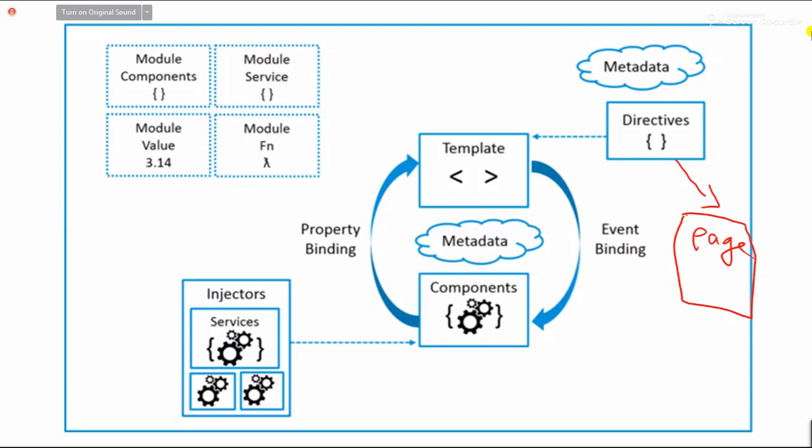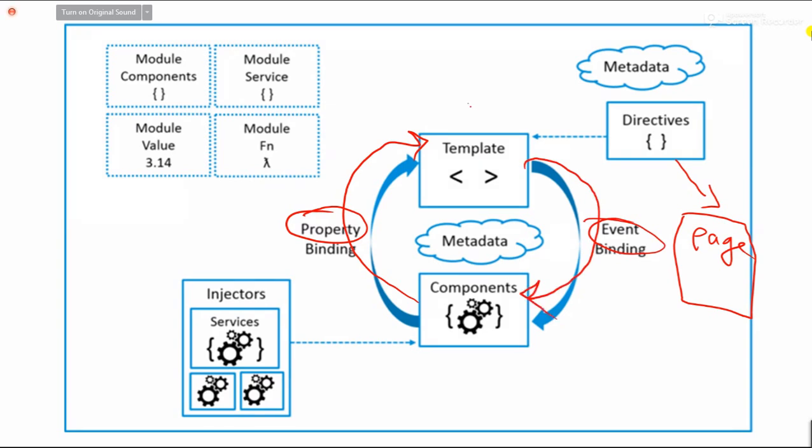So what are event binding and property binding? Property binding is used to send the data into the template, and event binding is used to handle the interactions from there.